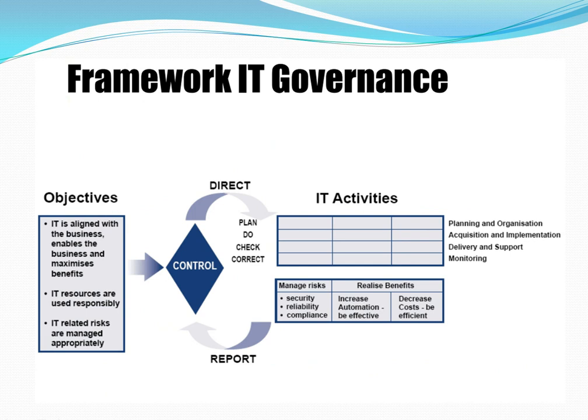So looking at the IT governance framework, you see a set of objectives, which is to align IT with business and also enable the business to run smoothly, effectively, efficiently, and also to maximize benefits from the use of ICT. Then another objective is that IT resources should be used responsibly.